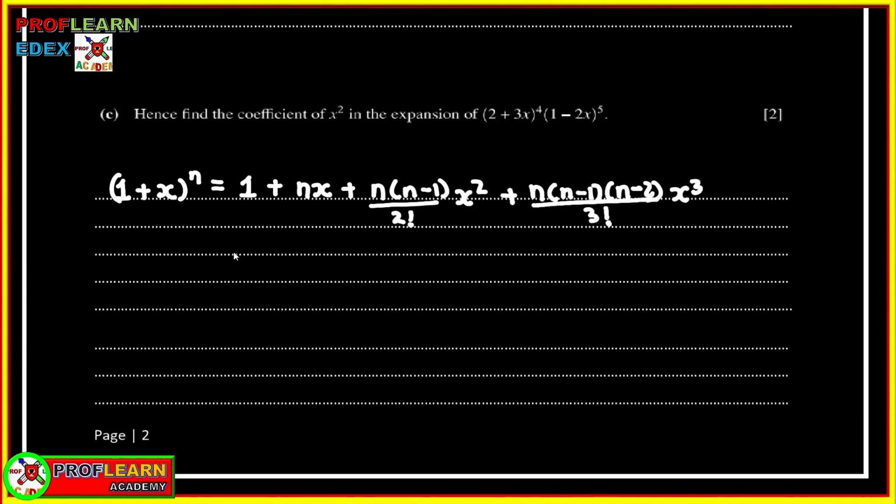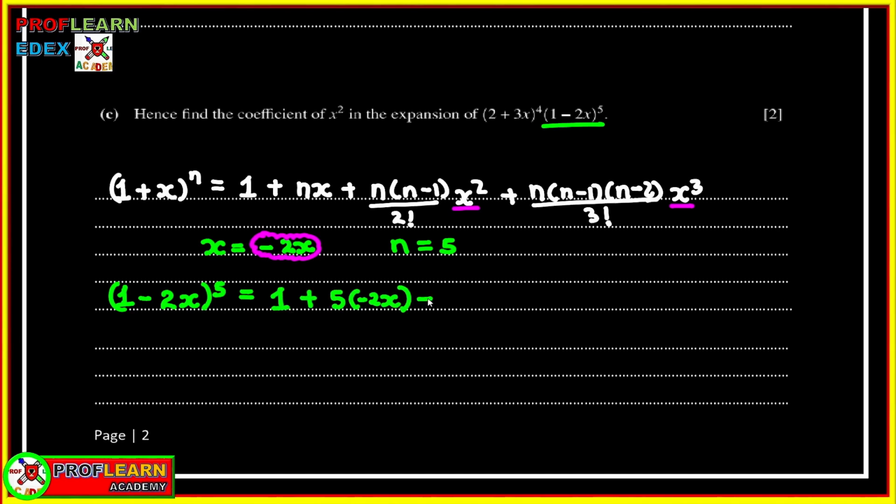Now let's see how to use that formula to expand 1 minus 2x raised to power 5. First we identify what our x is. Our x is actually negative 2x, so this is what we substitute where we have x, and our n is power 5. If we start substituting into our formula, it reduces to that.